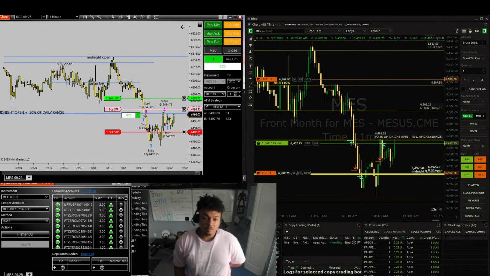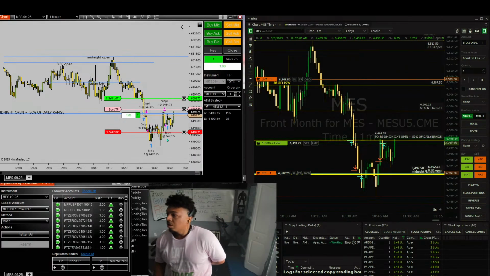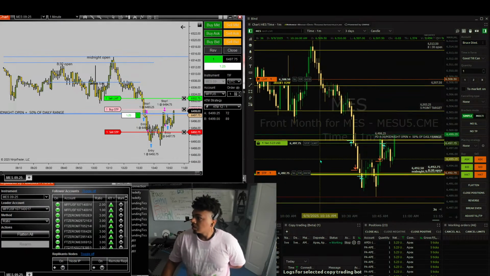Let's see if this continues to push higher, just to at least hit that 50% region and to recover the drawdown completely. Order filled.